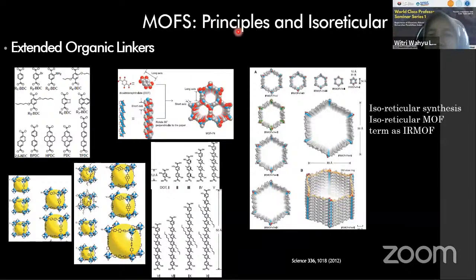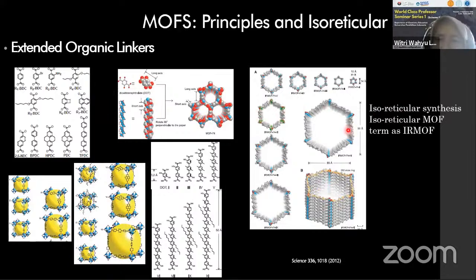And about the principle of the MOF itself, the synthesis we can see here is isoreticular synthesis, where we can extend the linker of the MOF, and we can see that the basic structure of the MOF is actually the same. Just the porosity changes according to the length of the linker.